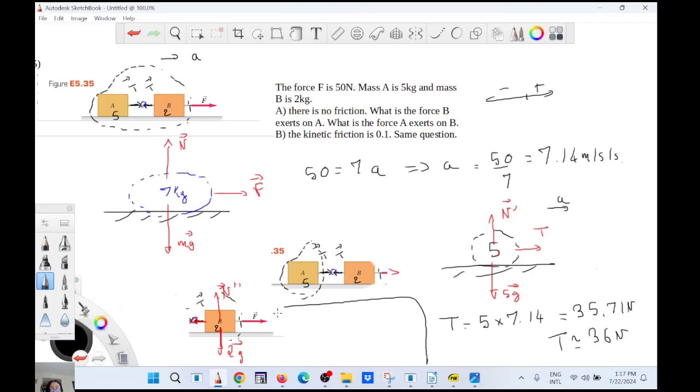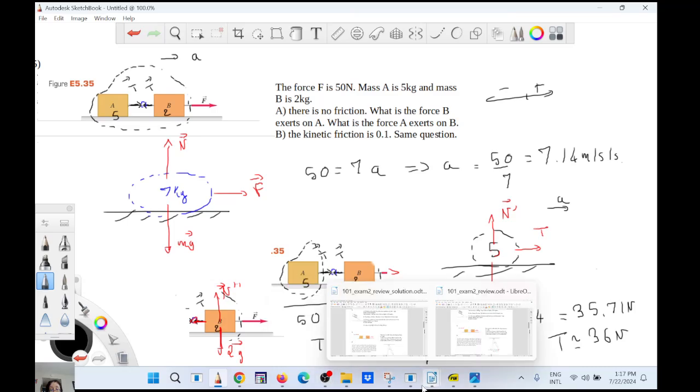If I use this one, I see that the force, 50, minus the tension equals the mass, 2, times the acceleration, 7.14. We want to find T, so T equals 50 minus 2 times 7.14.